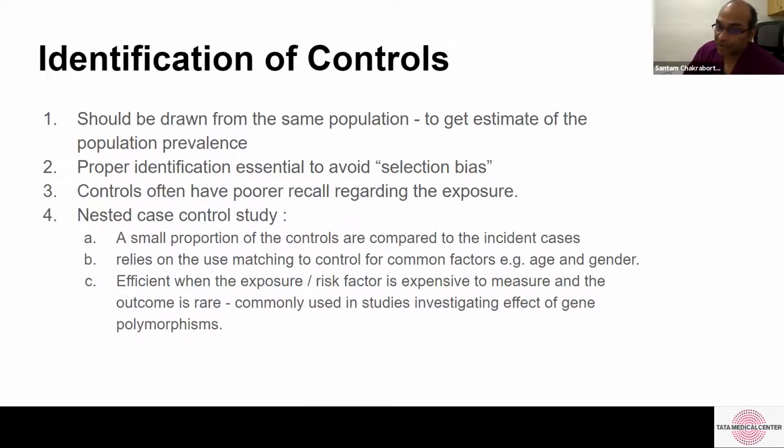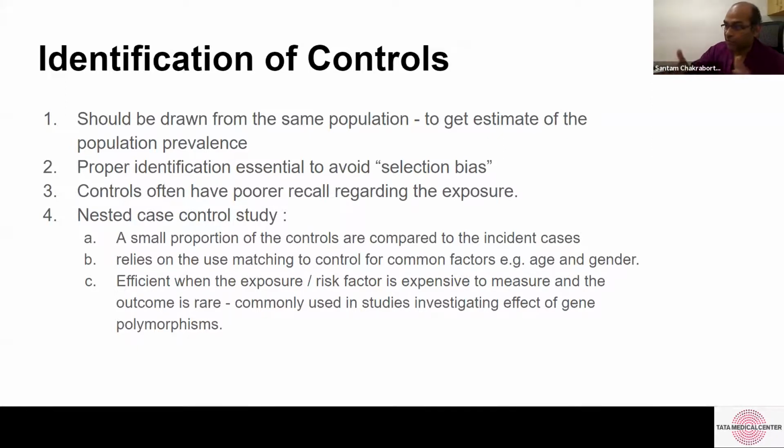And when you have a rare outcome, which means your cases will be few, and your cost of measuring the exposure is high, if you try to do a very large case control study, you will be using these measures in a large number of patients where you will not get the correct exposure. And therefore, these nested case control studies are often done to investigate the effect of things like gene polymorphisms.